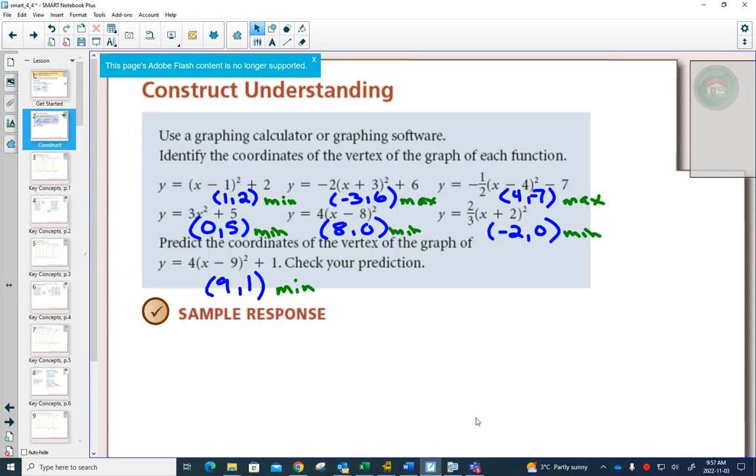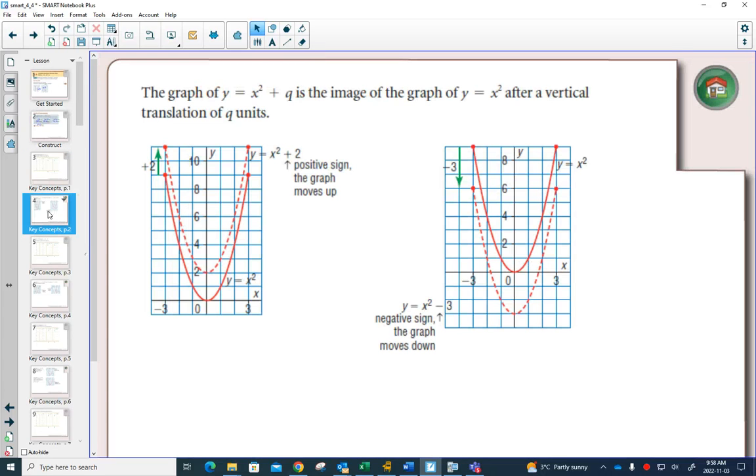Okay. And before we actually officially say the pattern of where the vertex comes from, we're going to review what you did in 4.3. When you were working on that math lab in 4.3, you were either using your graphing calculator or Desmos to figure out a lot of values.